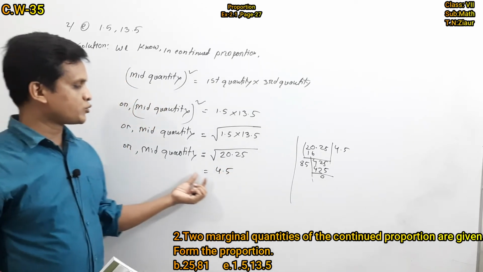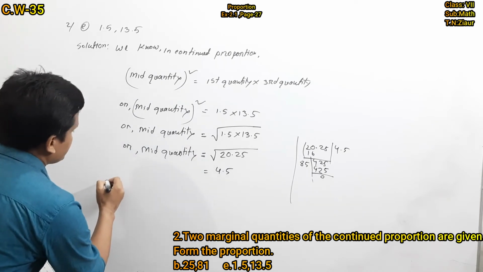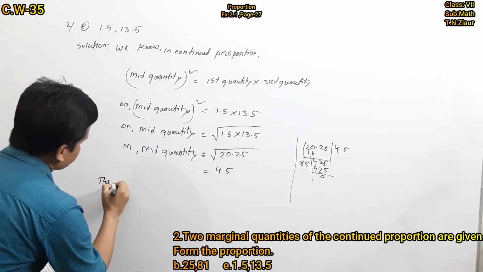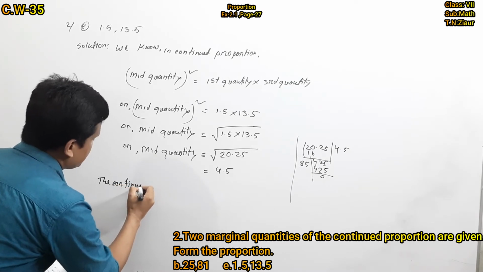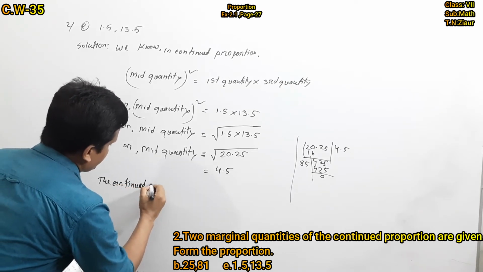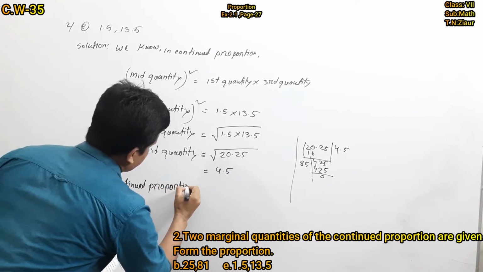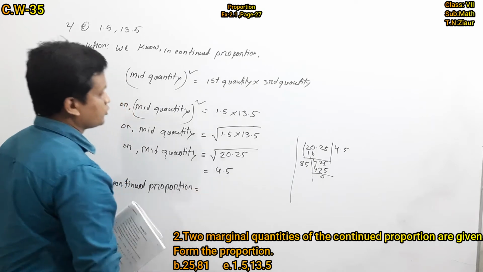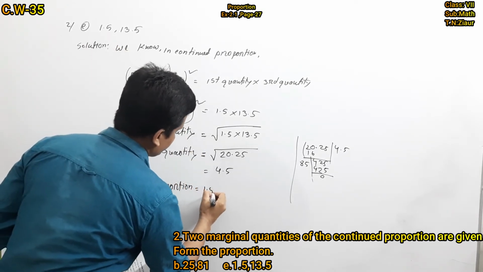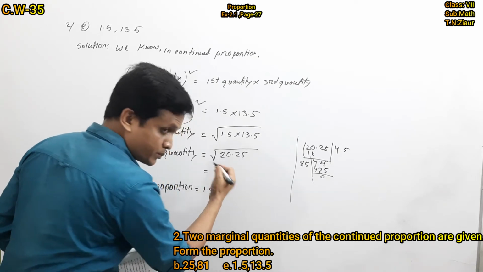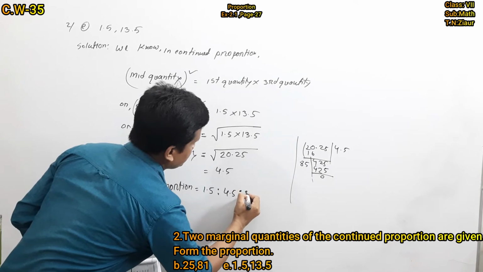So if the mean quantity is 4.5, we can write the continued proportion. What will be the continued proportion? So the continued proportion will be: here the first quantity is 1.5, so first 1.5 is to 4.5, this one is the second, that means the mean quantity.